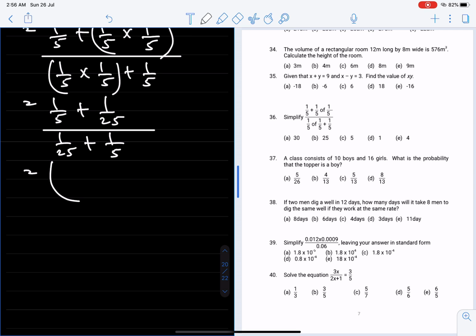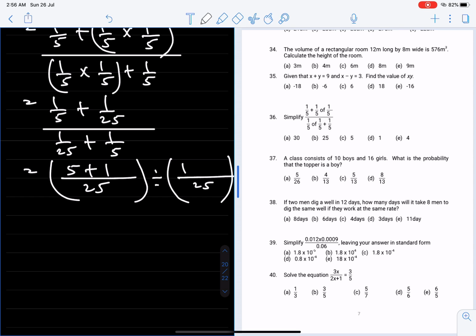The numerator is going to be, LCM is 25. 5 in 25 is 5 times 1 is 5, plus 25 in 25 is 1 times 1 is 1, over the same thing for the denominator: 25 in 25 is 1 times 1 is 1, plus 5 in 25 is 5 times 1 is 5.